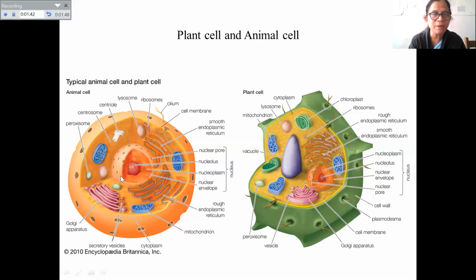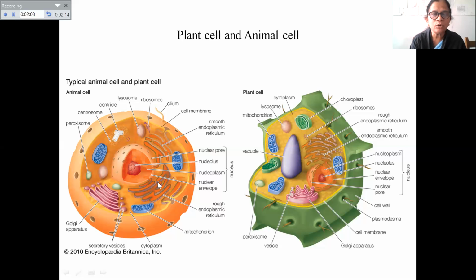Now I will explain to you the structure of animal cell. Here you can see in the animal cell, a centrally placed nucleus is present. Surrounded by it is the endoplasmic reticulum. You know that the endoplasmic reticulum extends from the nucleus up to the cell membrane.